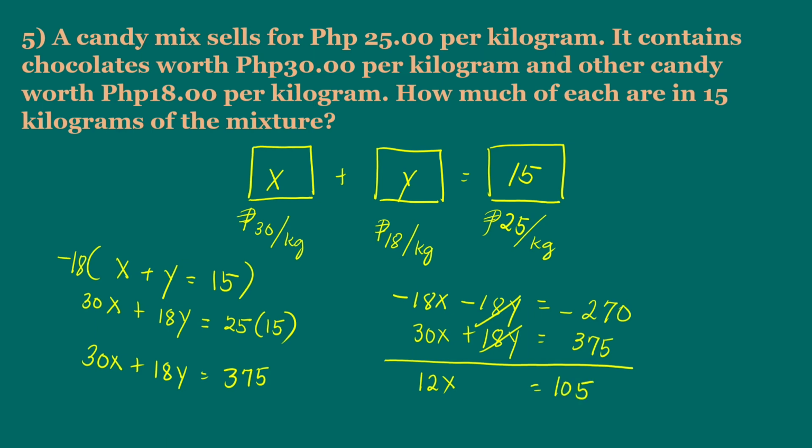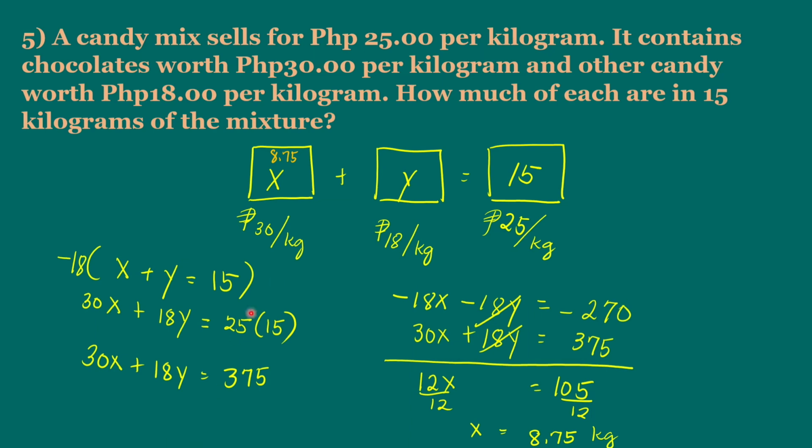And then divide both sides by 12, which is 8.75. Alright, so 8.75, what's the unit? Kilograms. Okay, so if this is 8.75, the variable x is 8.75 kilograms. What is the y variable?